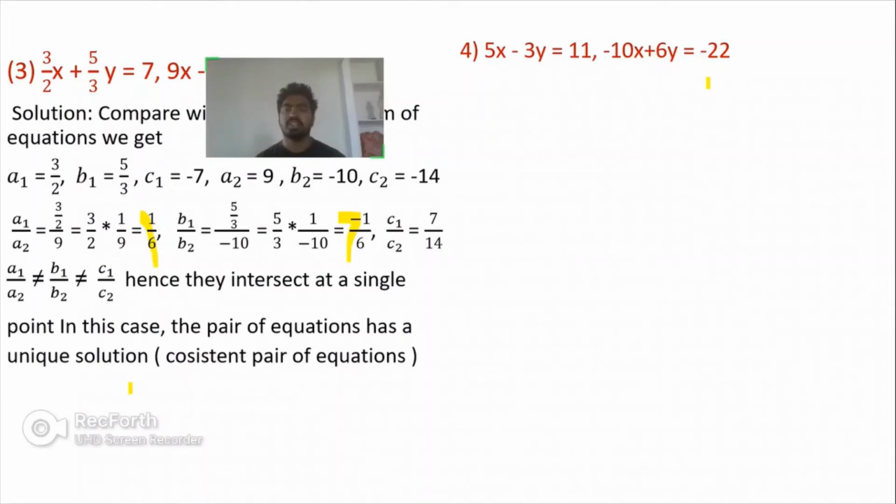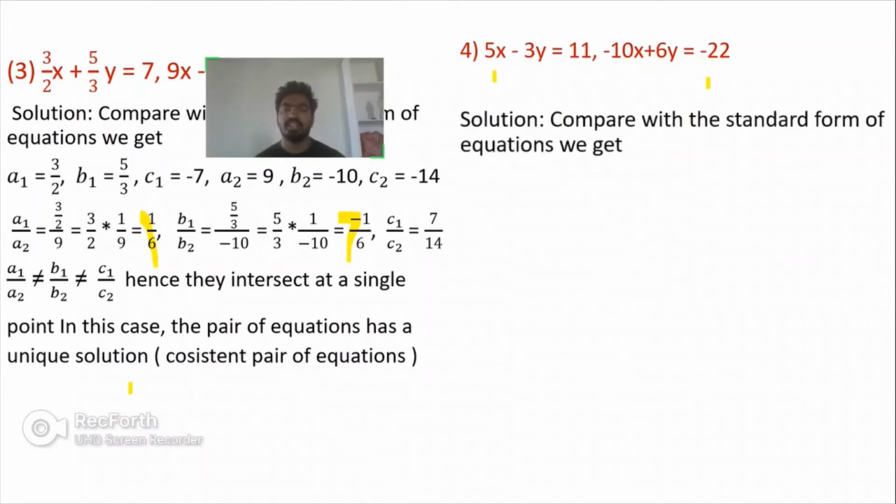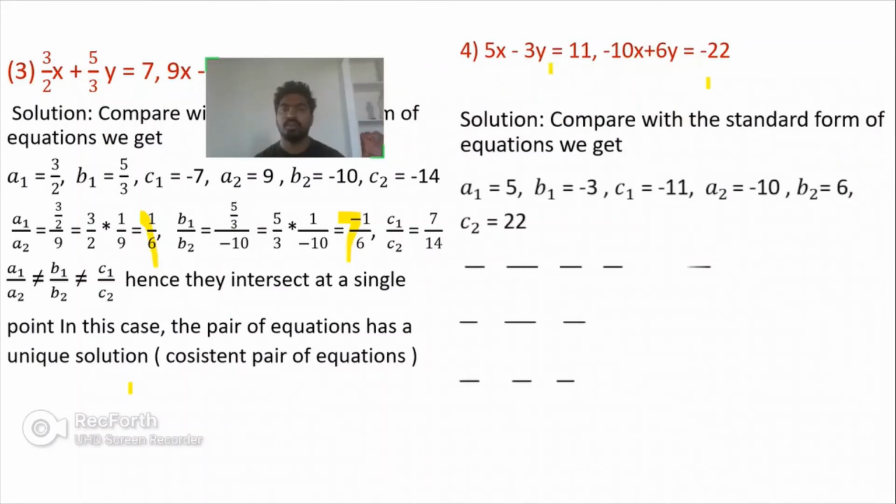Then, if I compare the standard equations, I get a1 is equal to 5, b1 is equal to minus 3, c1 is equal to minus 11 and a2 is equal to minus 10, b2 is equal to 6 and c2 is equal to minus 22.